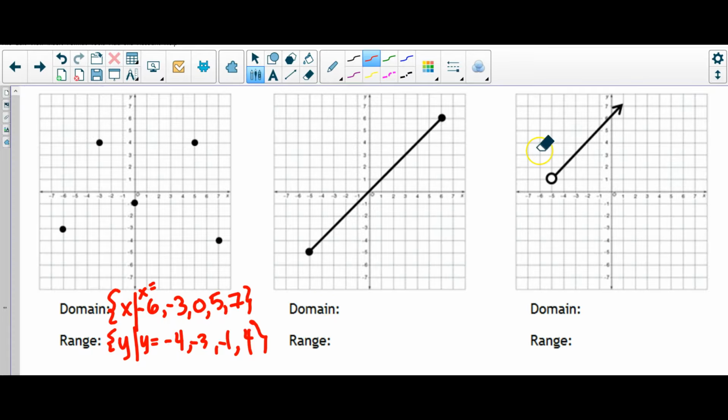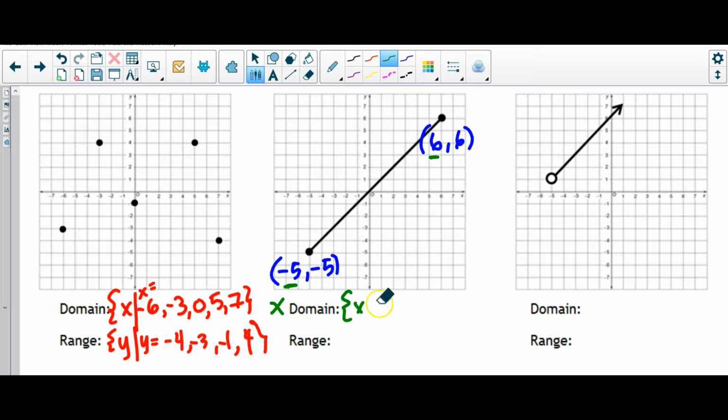Okay, so these two graphs are continuous. This is not an arrow, it's a coordinate point, so I'm going to label that. That's at (-5, -5). And this, again, is not an arrow, it's a coordinate point at (6, 6). So domain has to do with my x values, and my x's are going to range from -5 to 6.